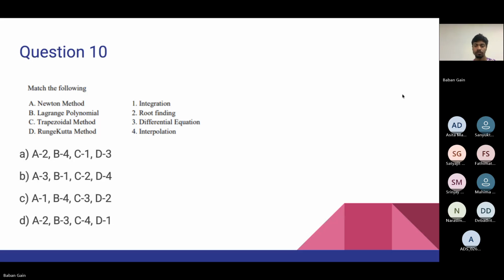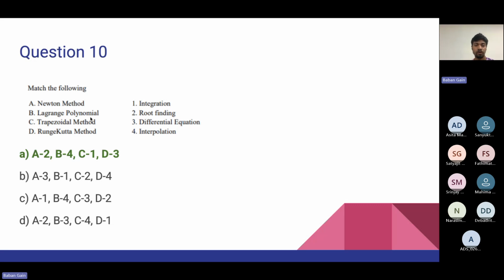Okay, everyone is answering A here. And yes, A is the correct option. So basically, Newton method is used to find root, just like I showed in the earlier slides. Then trapezoidal is obviously used for integration to find some area between 2 points.